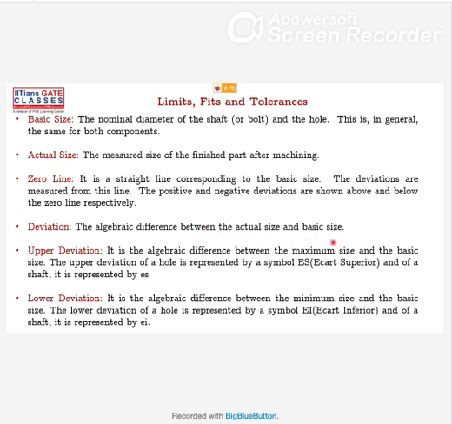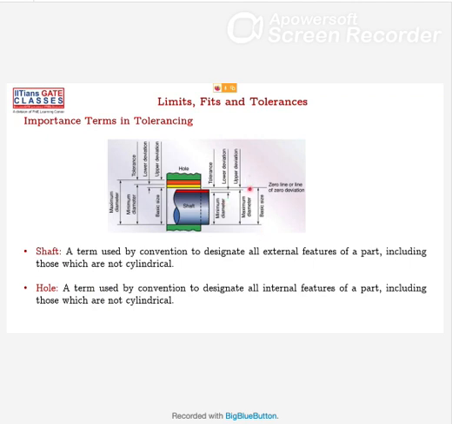That is the deviation. Next, upper deviation and lower deviation. Upper deviation is the algebraic difference between the maximum size and the basic size. You can see here, the maximum size of the shaft is this and the basic line is this.